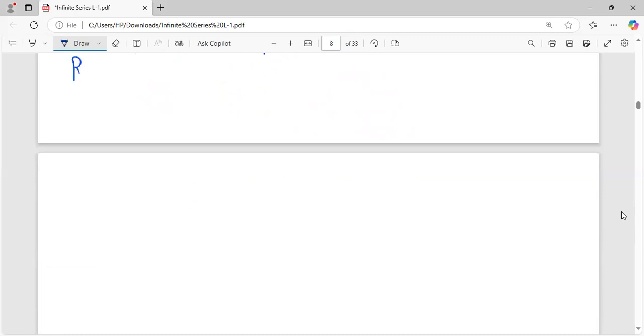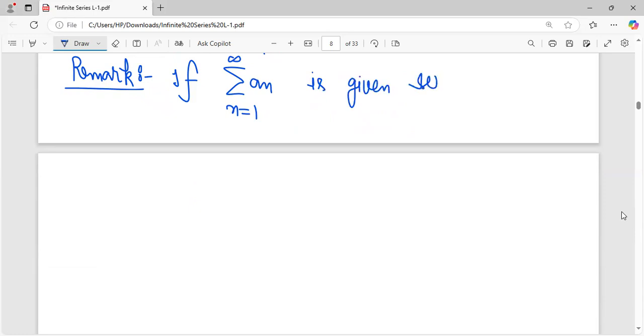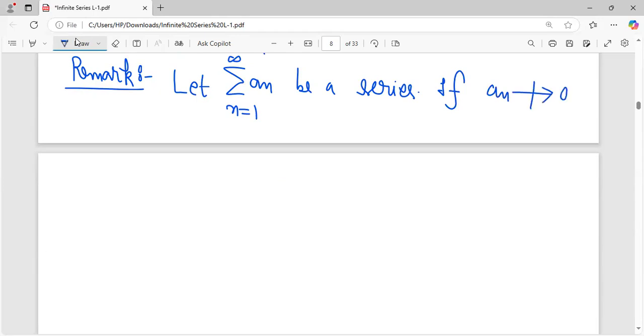So, remark: if a series is given, and if an does not tend to 0, then this series is not convergent.